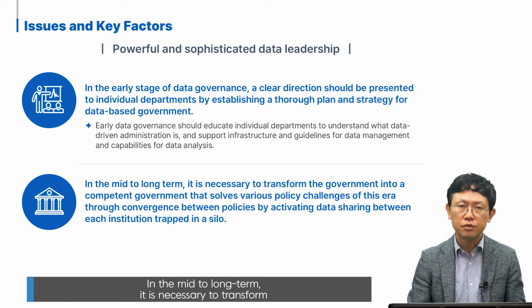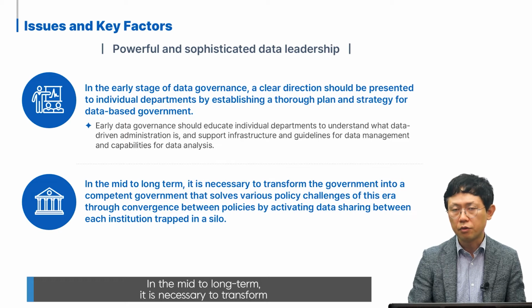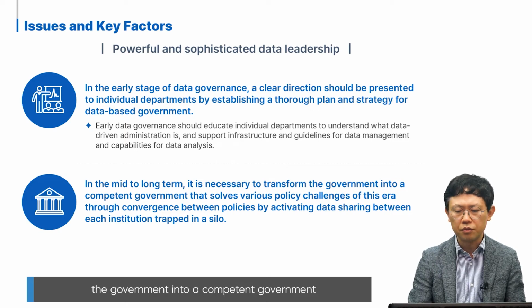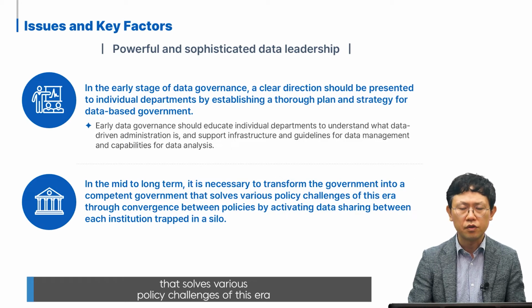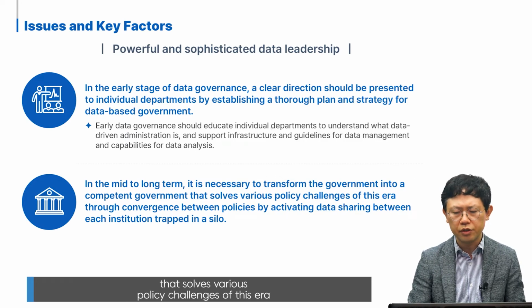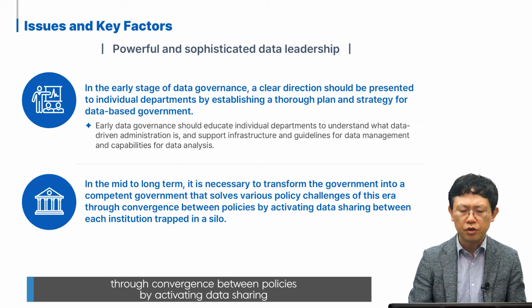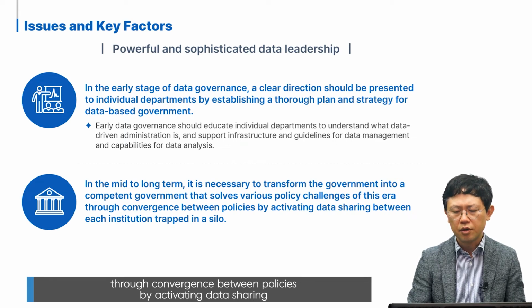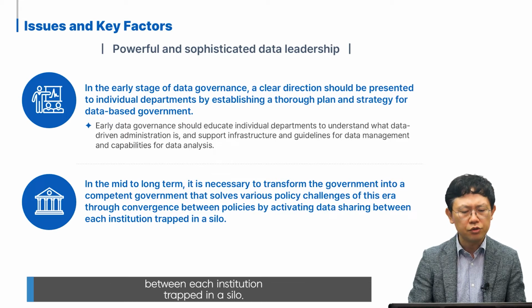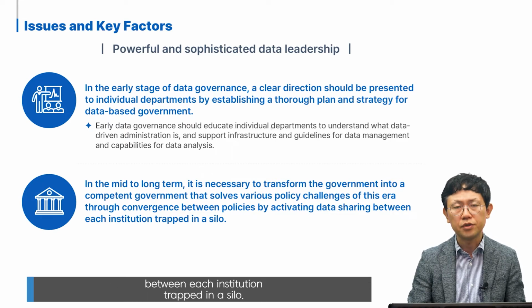In the mid to long term, it is necessary to transform the government into a competent government that solves various policy challenges of this era through convergence between policies by activating data sharing between each institution trapped in a silo.